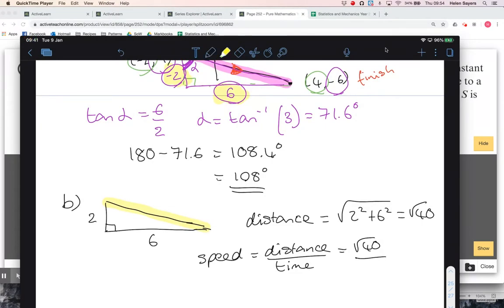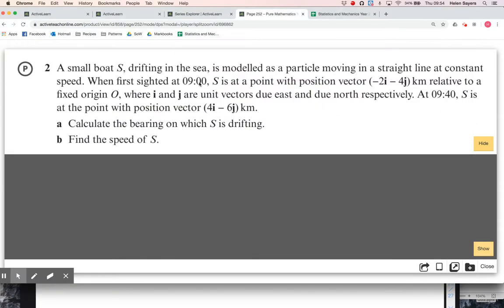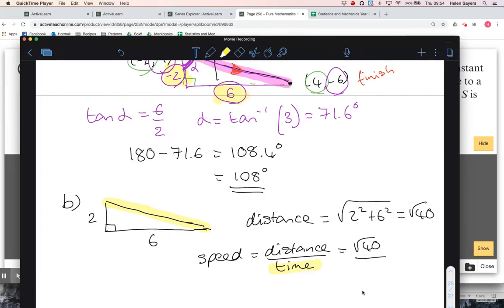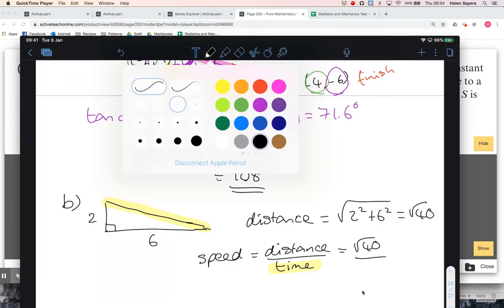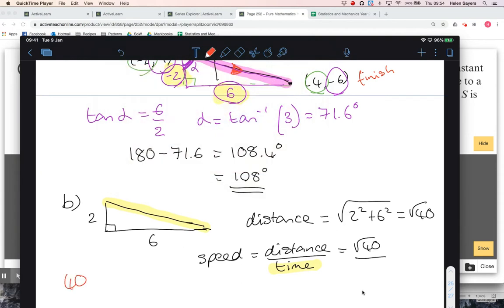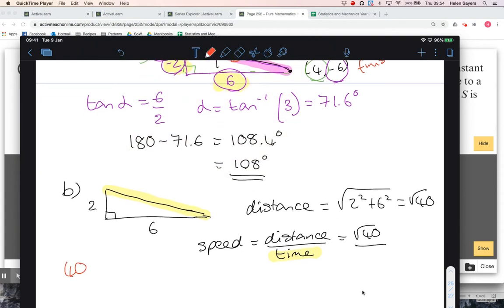So when I'm thinking about time, it took 40 minutes from 9 o'clock to 9:40. So I'm going to change that into hours now, rather than after I've found the speed. So 40 over 60 is 2/3 of an hour.